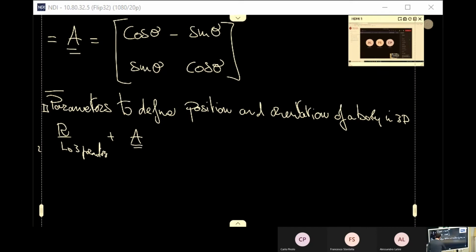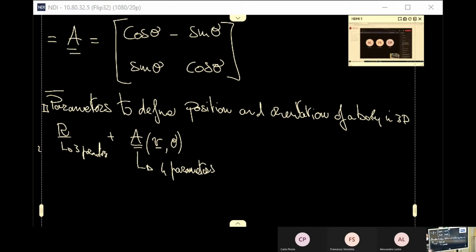But A, as we said, is a function of the axis of rotation and of an angle. So the question arises, do we actually have 4 parameters needed to define the orientation, so it would amount to 7.